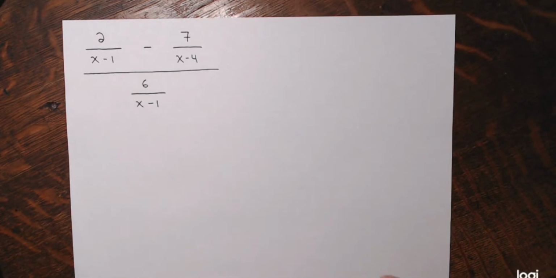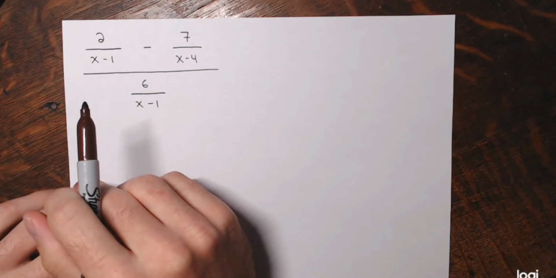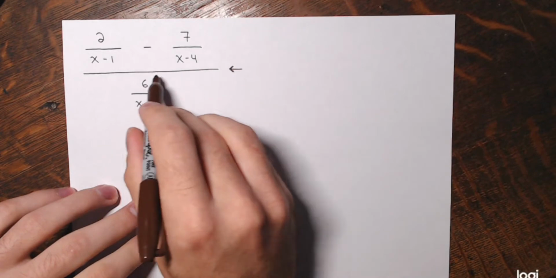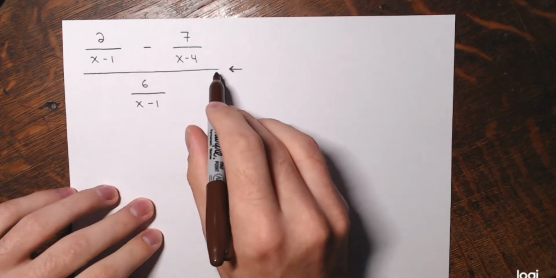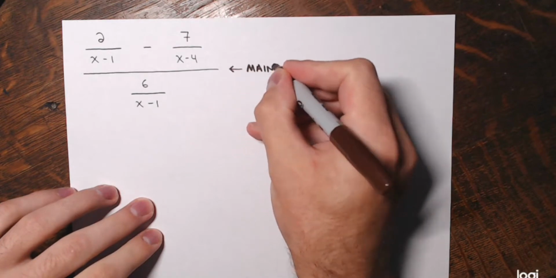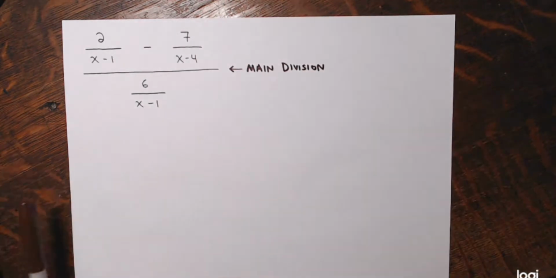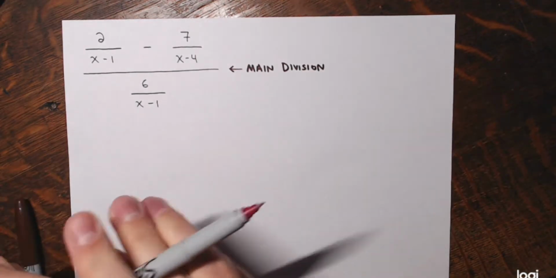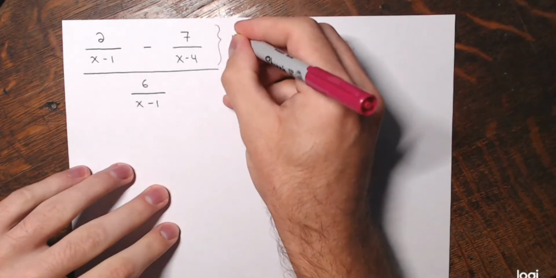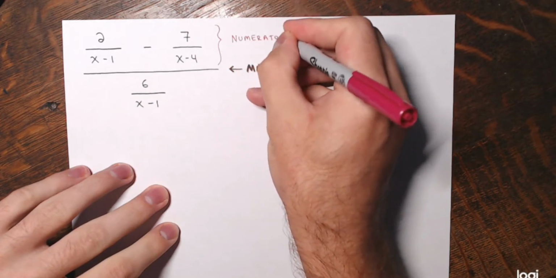So, as I was saying, a complex fraction has fractions within fractions. Usually the longest division bar or the longest fraction bar is the main division in the fraction, and everything above that main division bar is the numerator of the complex fraction.